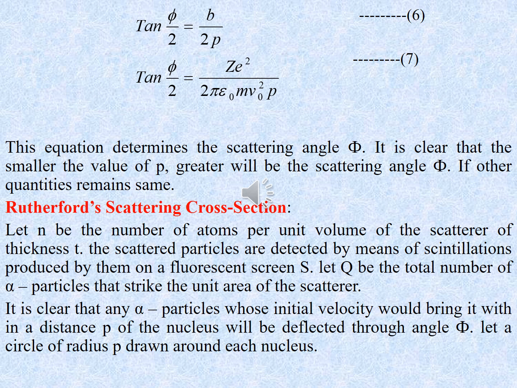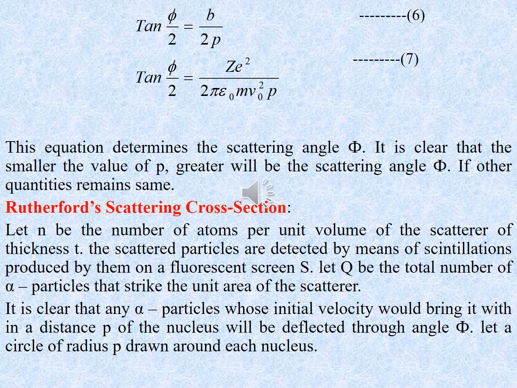It is clear that any alpha particle whose initial velocity would bring it within a distance p of the nucleus will be deflected through an angle φ.